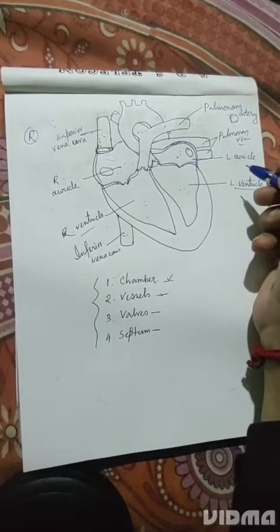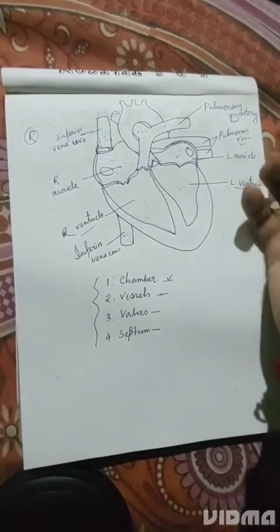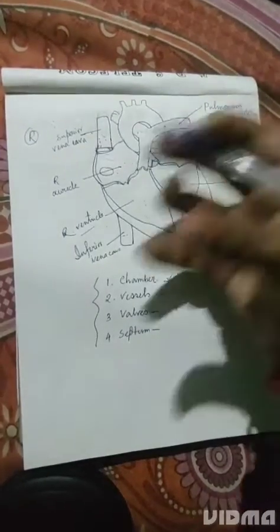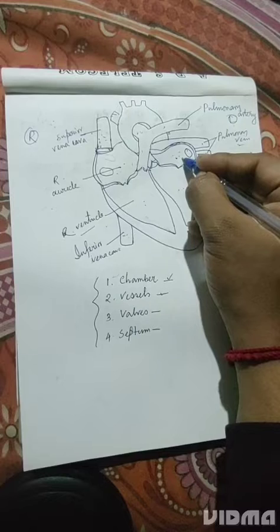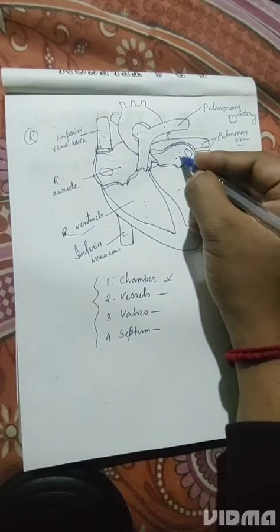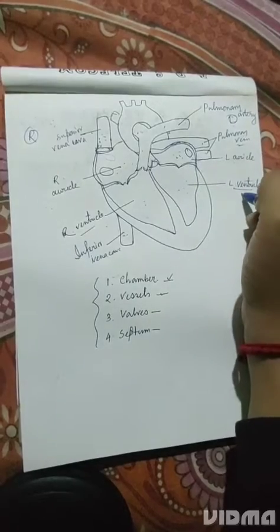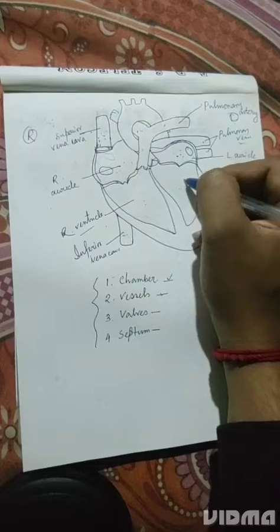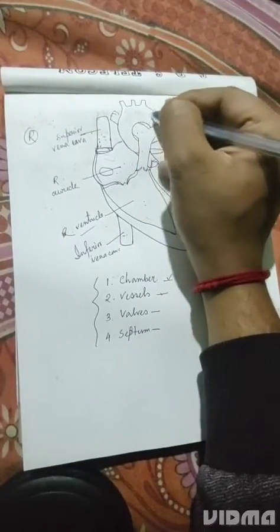What is the use of it? After the purification of blood in the lungs, the oxygenated blood first comes up to the heart and is stored in these two chambers, first in the left auricle, then in the left ventricle. After that, it goes out to the aortic artery.